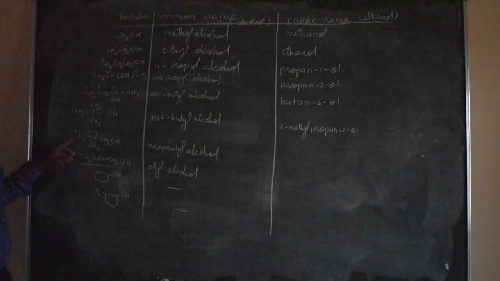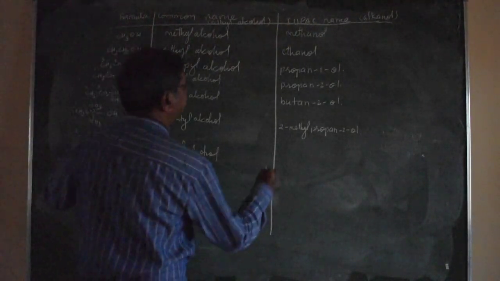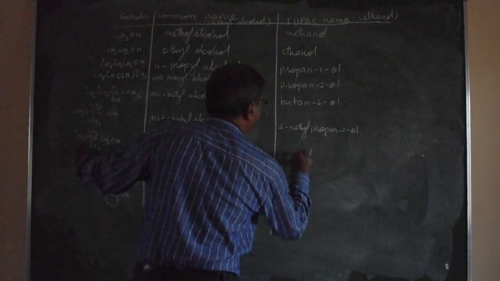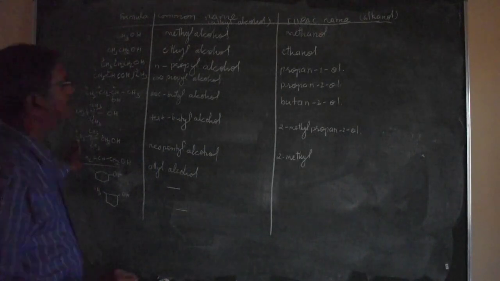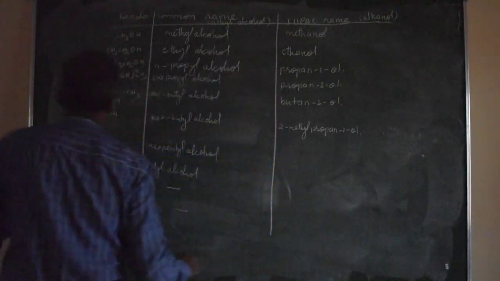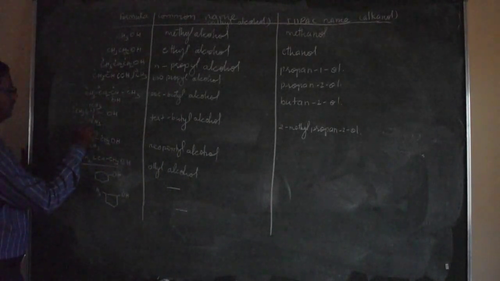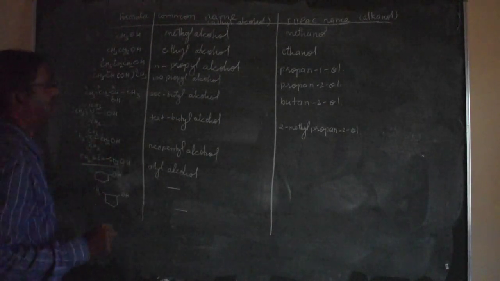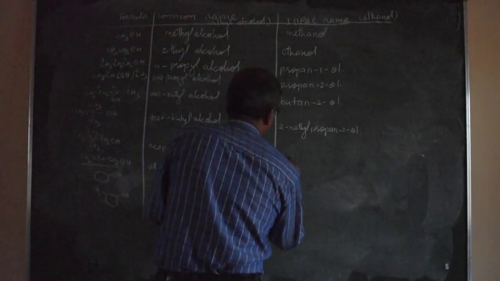Now the name of this compound is 2-methyl. Sorry, we have 2 carbon atoms as substituents, so 2 identical substituents are there.